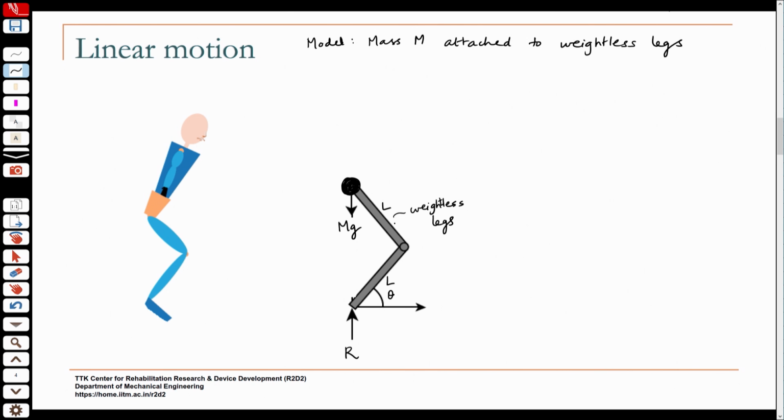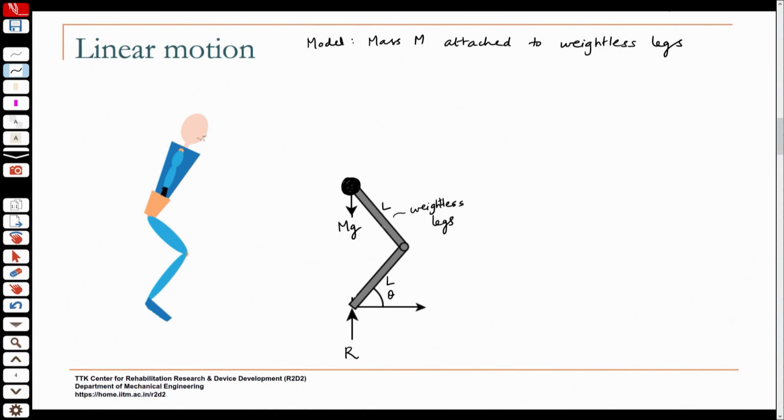But we do not consider those forces in this model, because those are considered internal forces to the system that we are considering. This system will not work without your other structures in place, the muscles and the tendons and the control, to do this in a controlled fashion. We are just looking at the overall motion of the system.